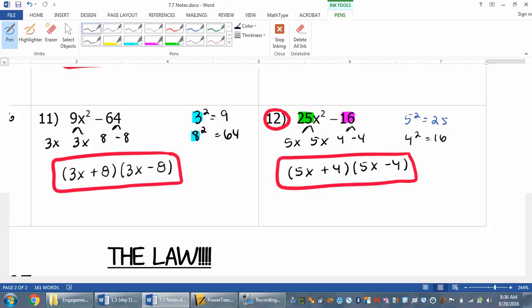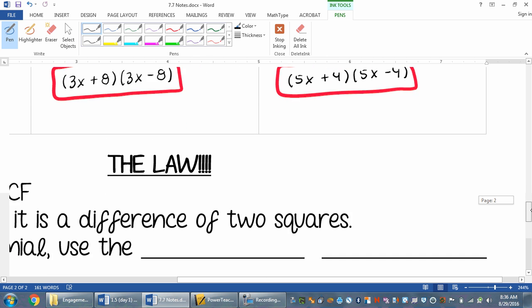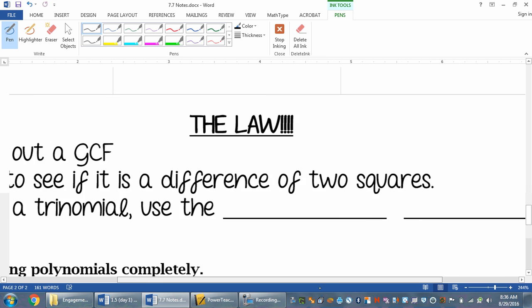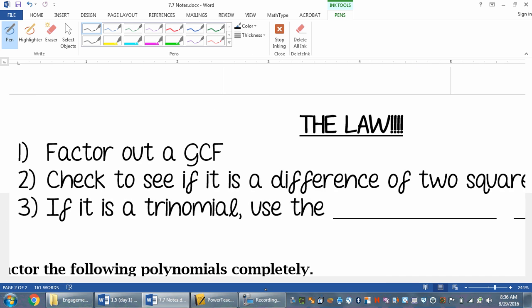All right, now let's do a mixed review and put all of this together. No matter if you are factoring by just a GCF or a trinomial, what we did in the last two videos, or a perfect square, you always have to start with the first step. Always have to factor the GCF no matter what type of factoring problem it is. So always your first step is check for a GCF.